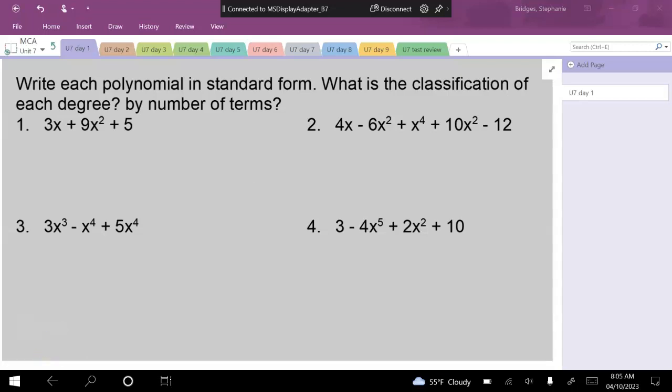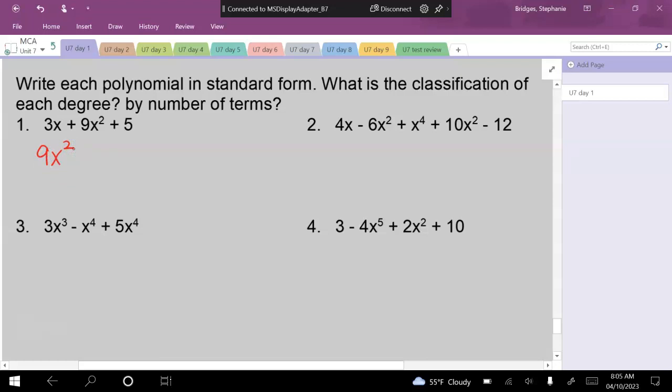With that first example, I've got a 3x plus a 9x squared plus a 5. First question, do I have any like terms? Anything, same variable, same exponents? No, okay. So what's my highest term? Which term has the highest degree, the 3x, the 9x squared, or the 5? 9x squared. So that's going to come first when we write it in standard form. It is a positive 9x squared, so I'll leave it as a positive 9x squared.